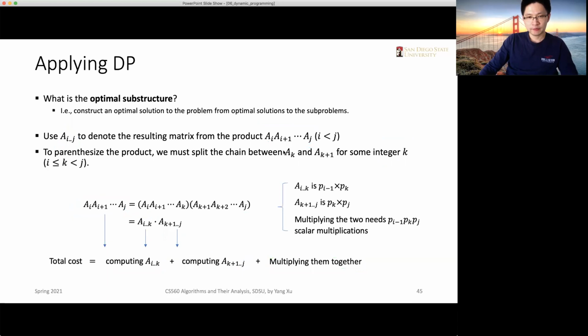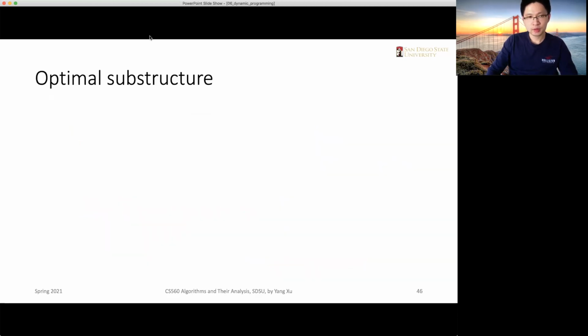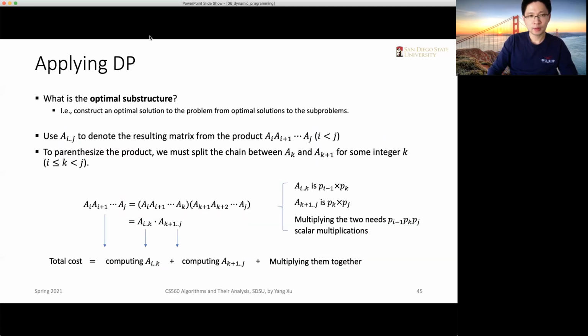Okay, so if we write it in detail, we know that the dimension of A_{i..k} is p_{i-1} times p_k.